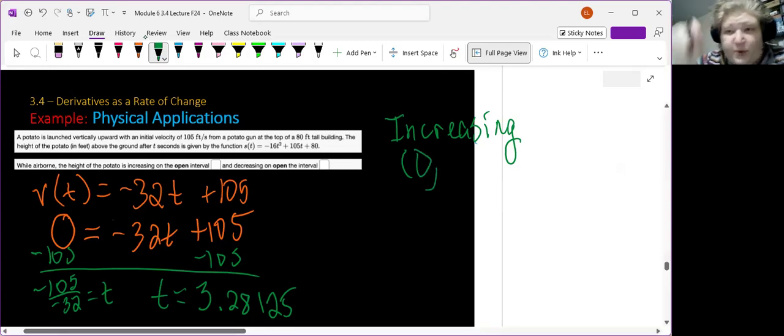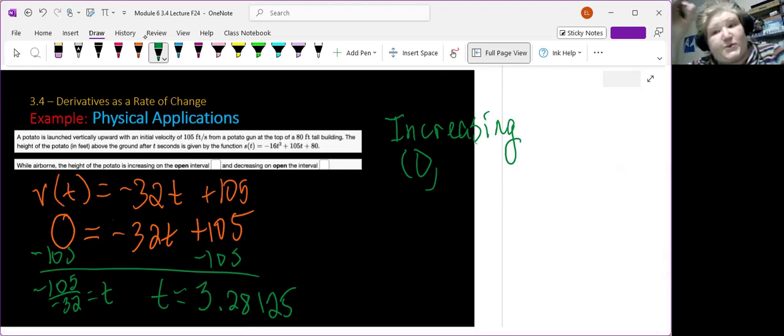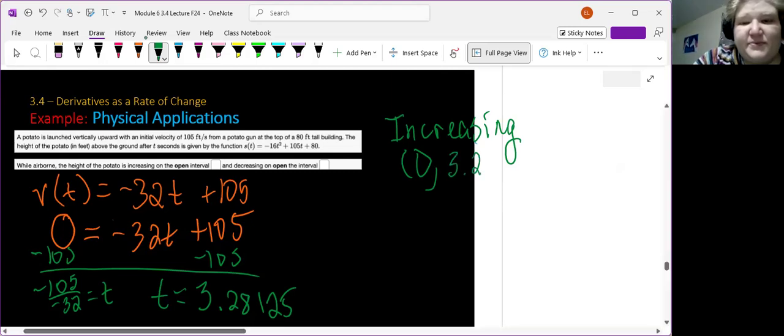And then we're clocking it. It goes up to 3 point. Sorry, that is not where it goes up to. At 3.28 seconds, it is at whatever its highest point is. And then after that, it's decreasing.